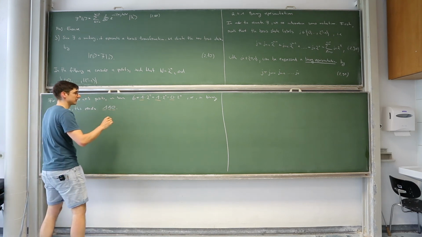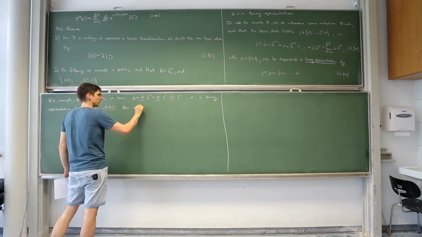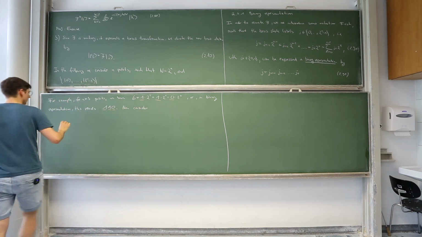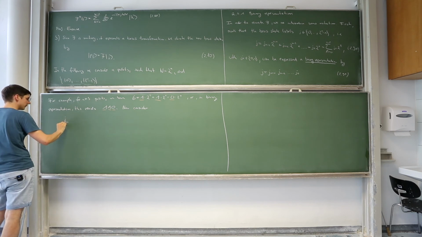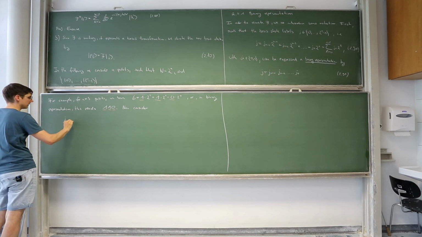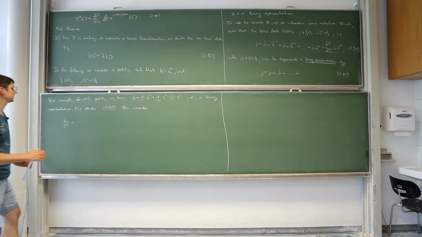Now it's getting a bit more interesting. So now consider what happens if we have j divided by 2 to the power of L. Now we can insert equation 2.90.